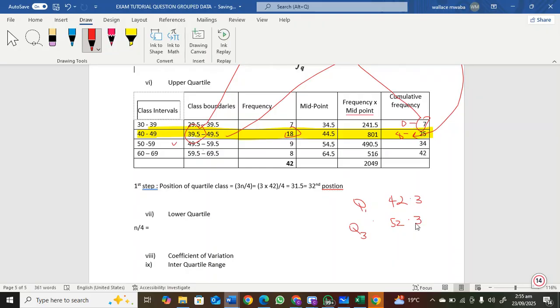If you want to get your interquartile range, it's just Q3 minus Q1.